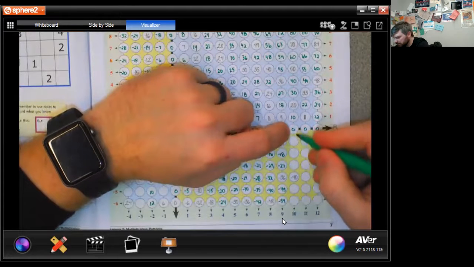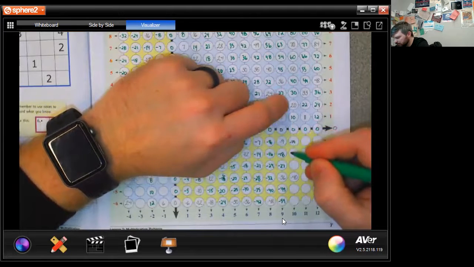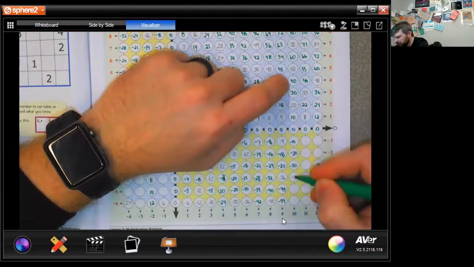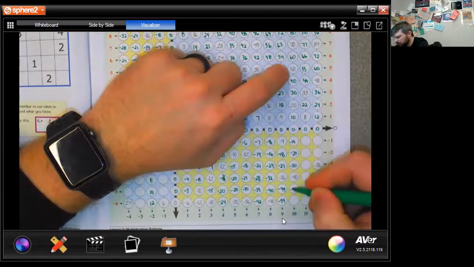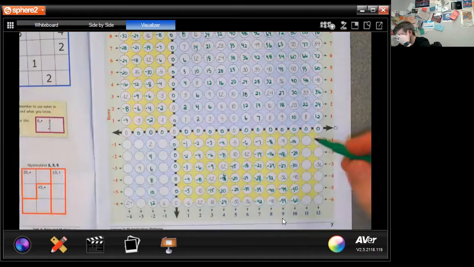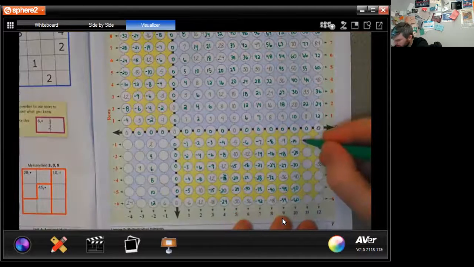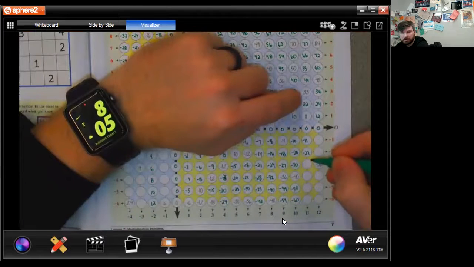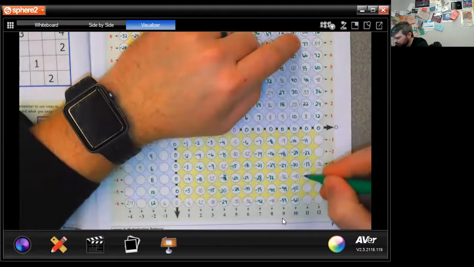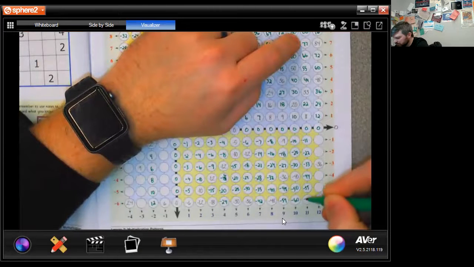Column 10, 0, -10, -20, -30, -40, -50, -60. 11 would be -11, -22. Again, just looking at this column going up, -33, -44, -55, -66.